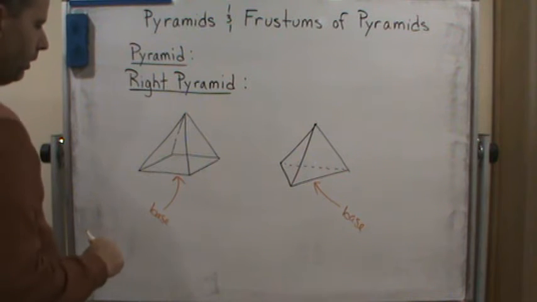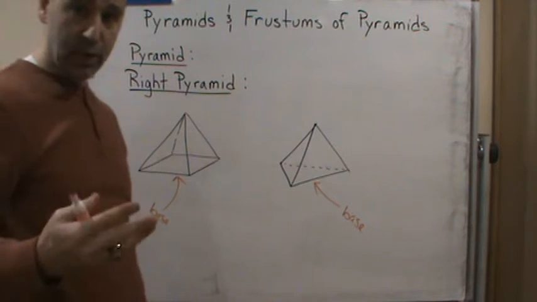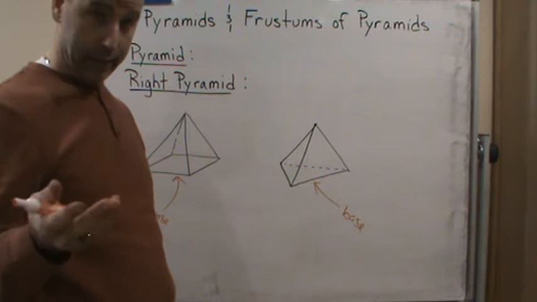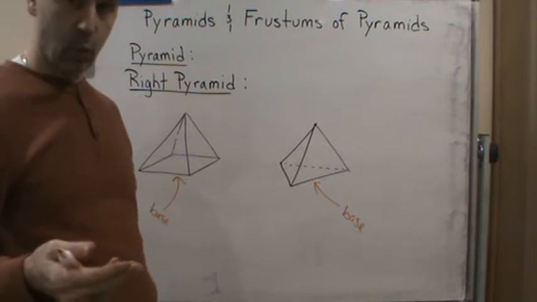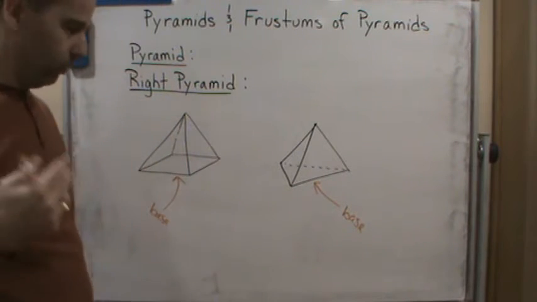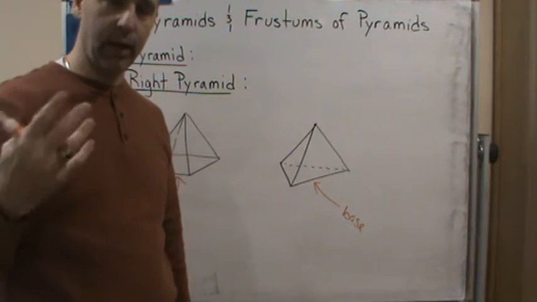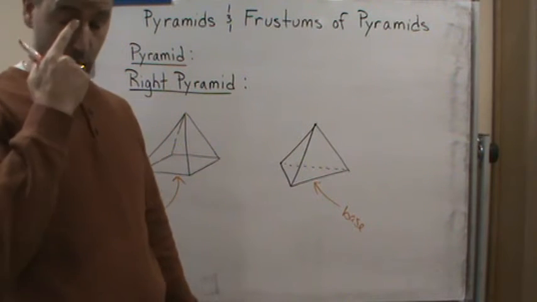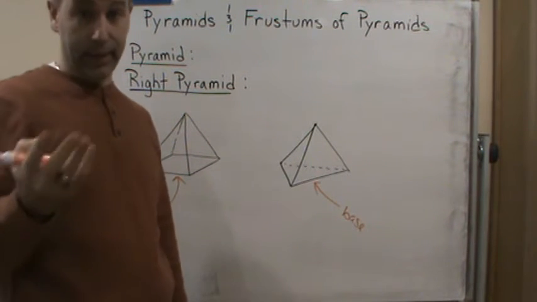So the base can be pretty much any geometric shape with 3 or more sides. So it could be a triangle, a square, a rectangle, a polygon. Well, that's redundant, but a regular polygon, like for example an octagon, or it could be an irregular polygon.